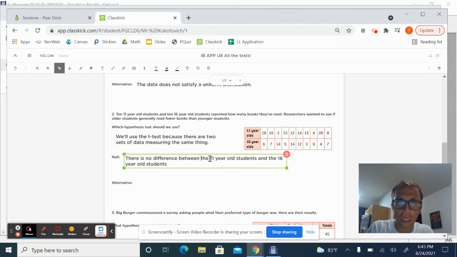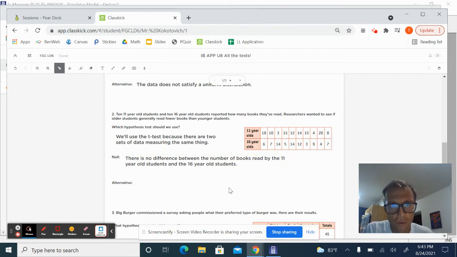Between the number of books read by the 11-year-old students and the 16-year-old students. Sorry, people. All right, there is no difference between the number of books read by 11-year-old students and the 16-year-old students. Excellent. The alternative here being, so remember the t-test, you can have two different types here.